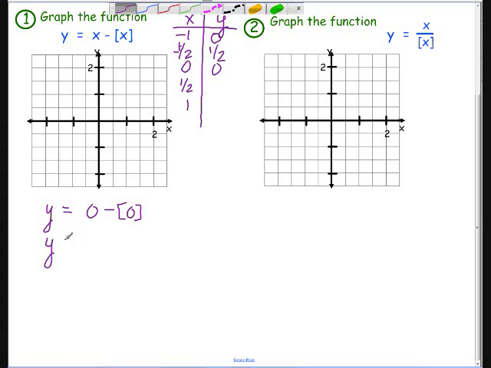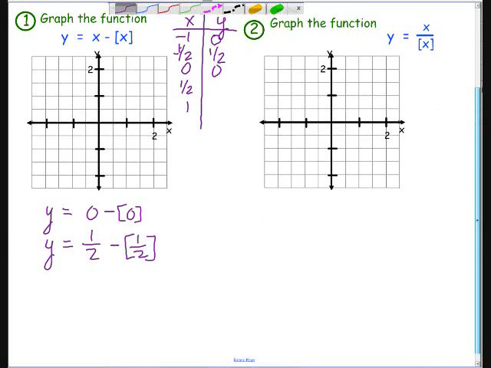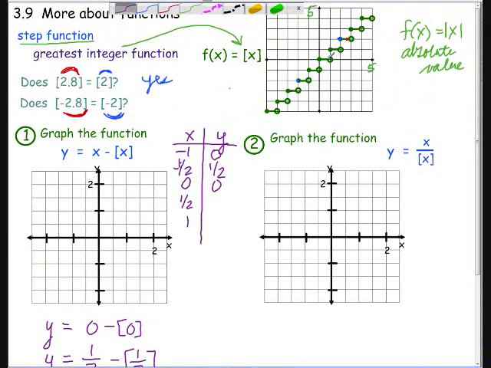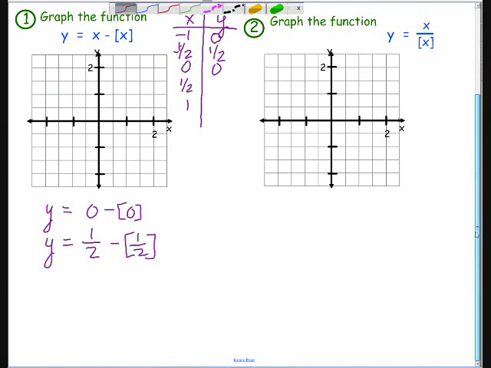How about the next one? y equals 1/2 minus the greatest integer for 1/2. Up we go. See what that is for 1/2. When x equals 1/2, y equals 0, doesn't it? Okay. y equals 1/2 minus 0.